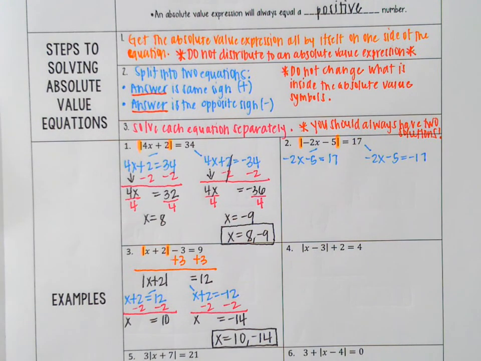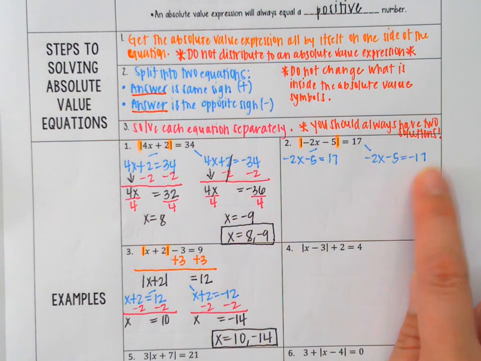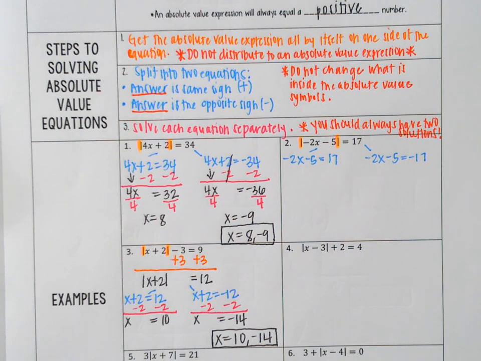So first thing you should have done is recognize that the absolute value expression is already all by itself. So our first step is to split it into equations. One where it's equal to the positive 17, one where it's equal to the negative. And now my second step, or my third step technically, go ahead and do that part on your own. I'm just going to start with the first equation.